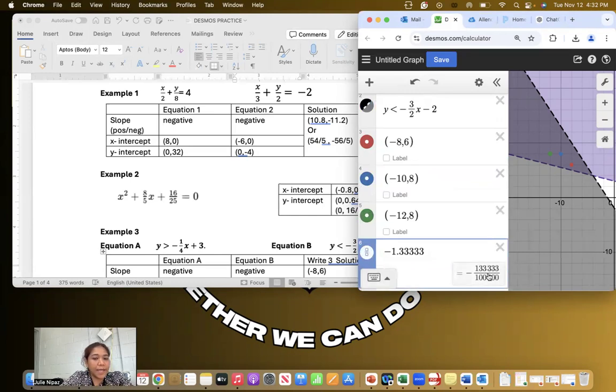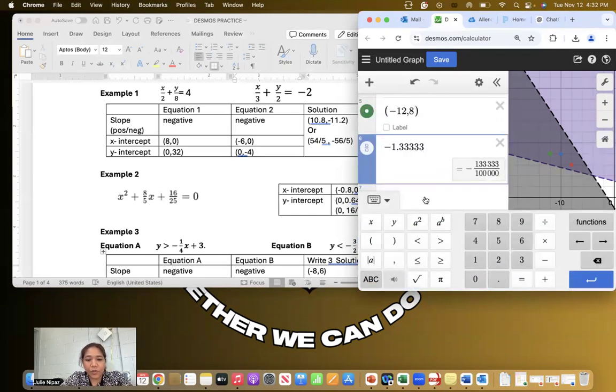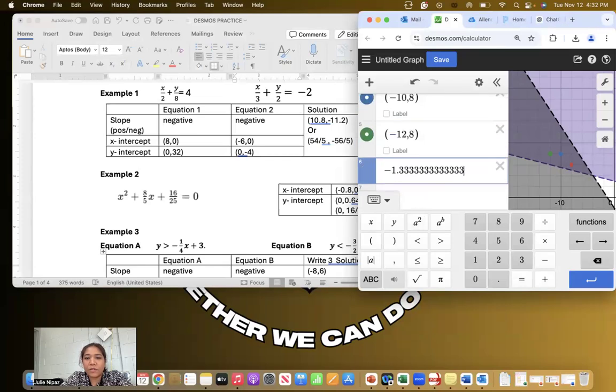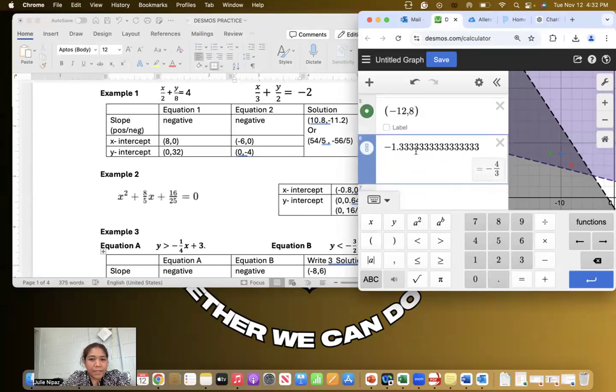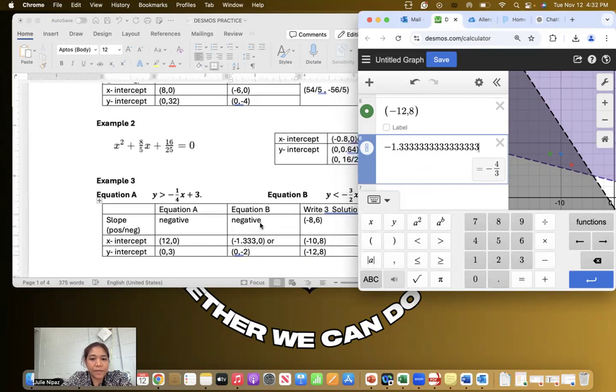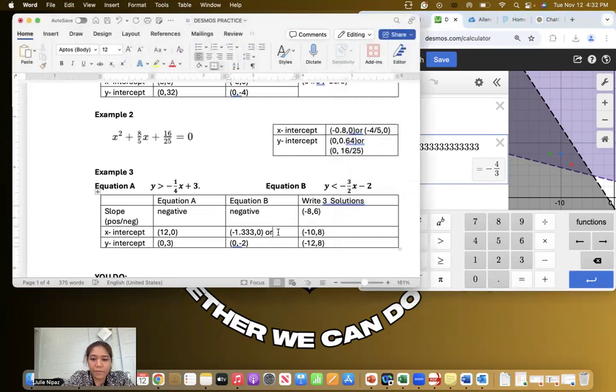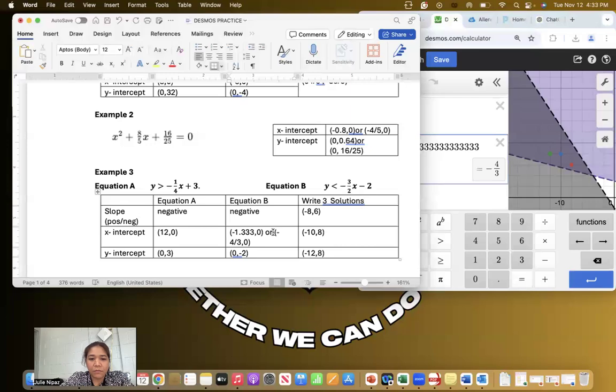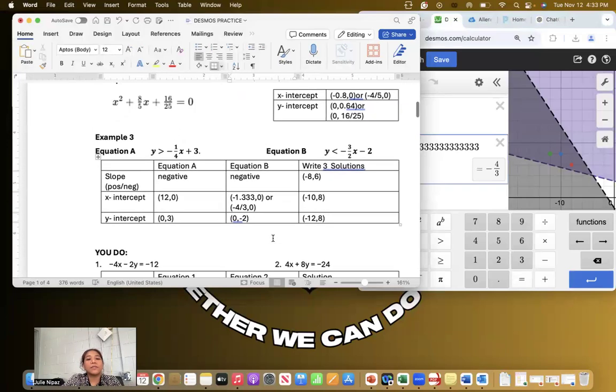So if it looks like this, it's still not your correct answer. So don't stop adding 3s here until you get a simpler fraction. The simpler fraction here should now be -4/3, or -4/3, comma 0. All right. So those are your possible answers.